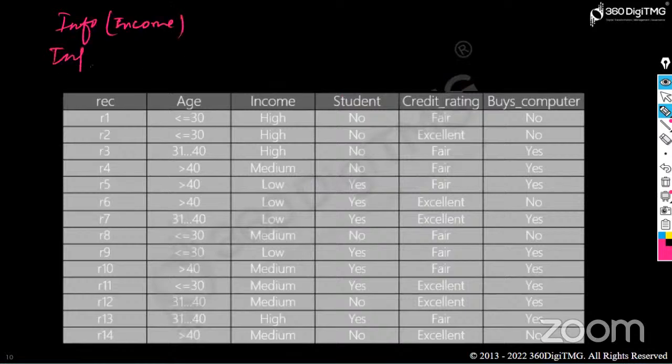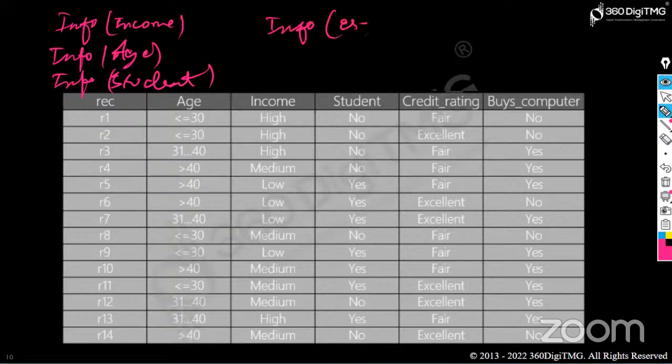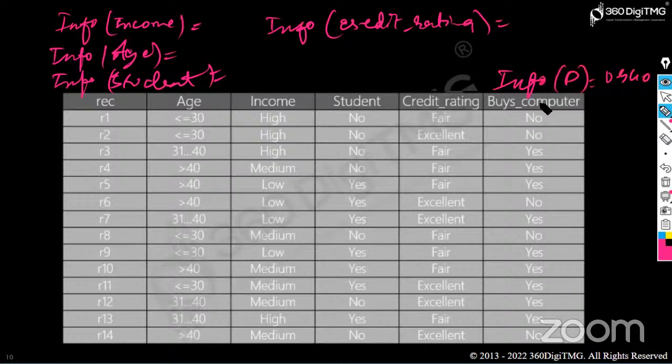So we have done with information gain of particular attribute, particular values. So we calculated for everything. So information gain of credit rating. So we got some value. The overall information of the dataset is 0.940.